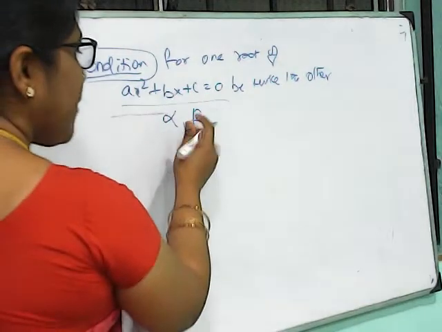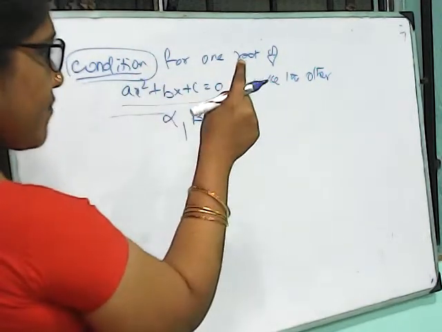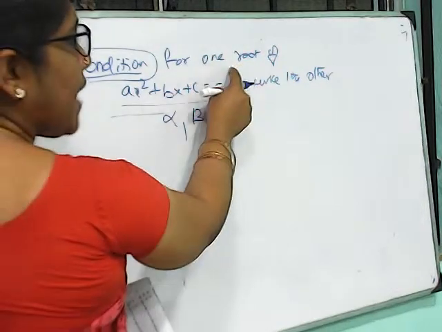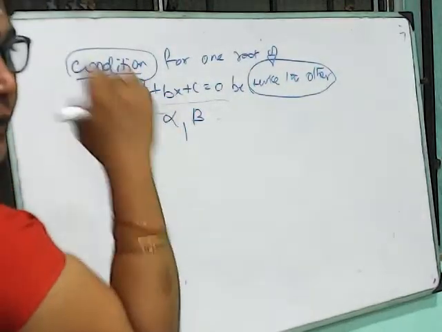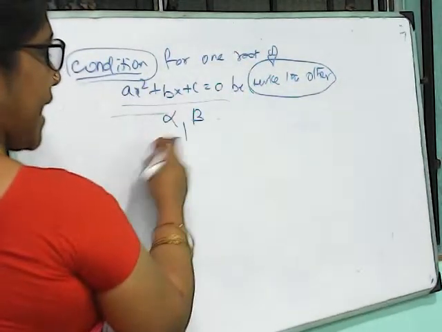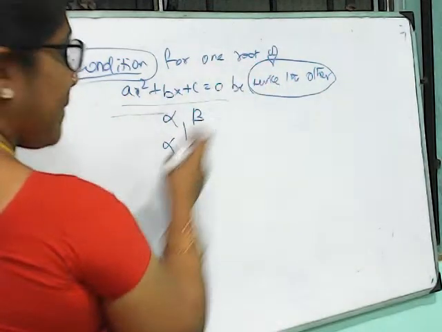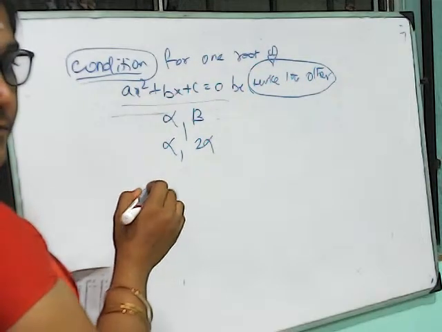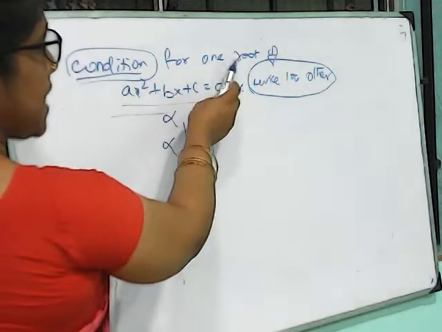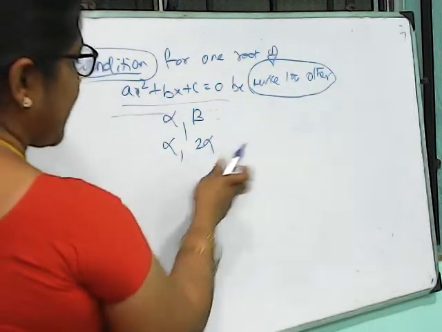But before that, look at the condition they have given: one root is twice the other. So how will you consider it? If one root is alpha, what is the other root? Twice the other, so 2 times alpha, it will become 2 alpha. Now we will find the sum of the roots.